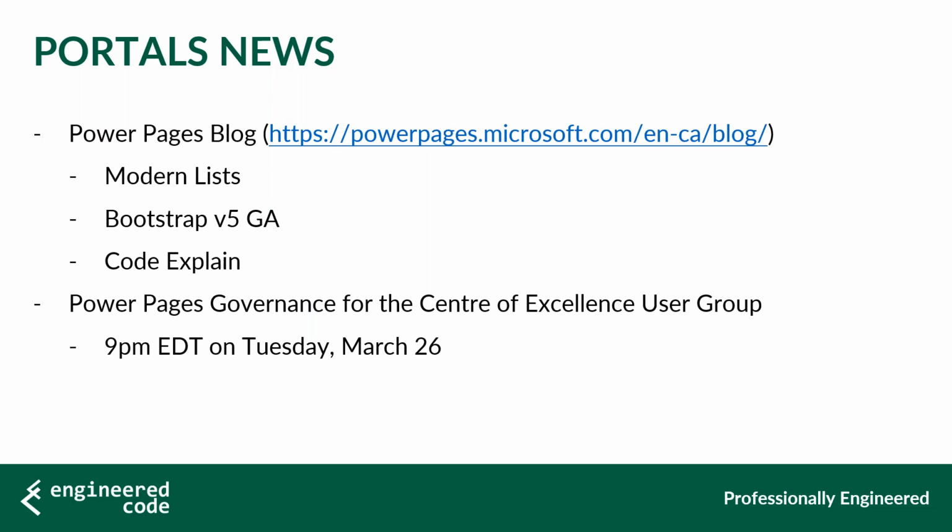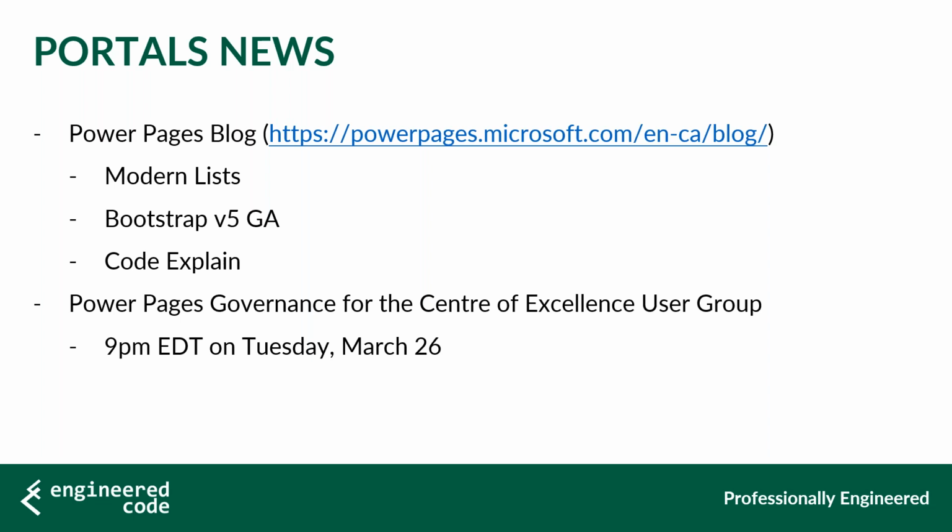The other one that I have at the top of my list is modern lists. This is essentially a reimagining of the markup of the code for the lists functionality. This is actually very cool, and I think has been under publicized a bit.